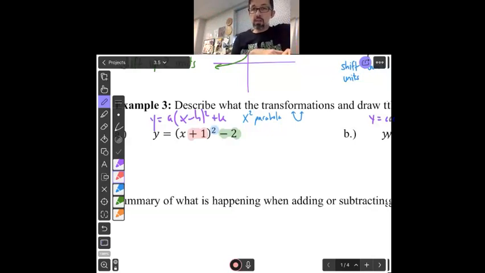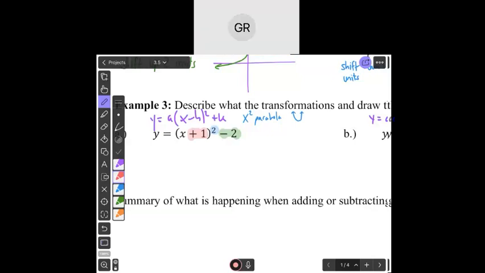How much? So it's not right 2 units, no. Down 2. Okay, so we have a down 2.